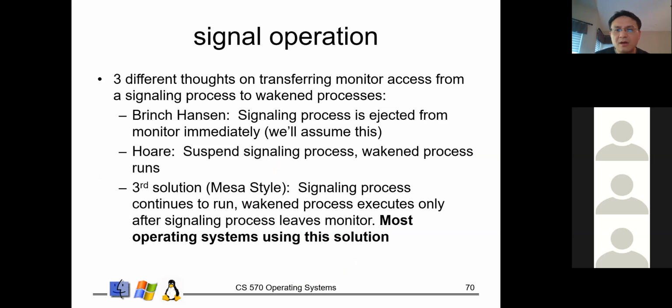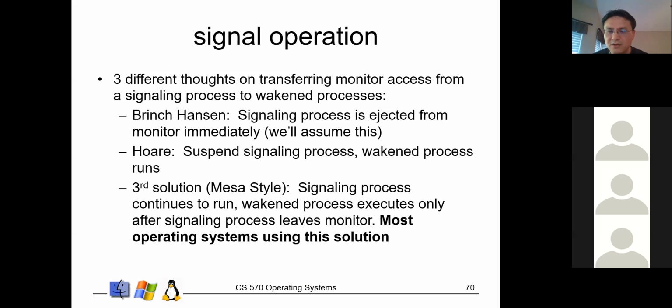In your assignments later, if we have a problem for this, you will assume this: that when the signaling process hands over the lock to the awakened process, the signaling process would exit the monitor immediately.